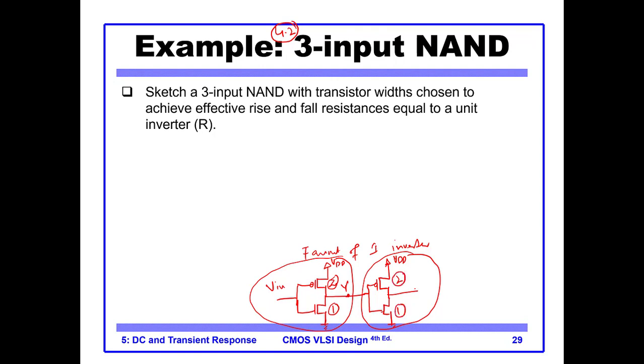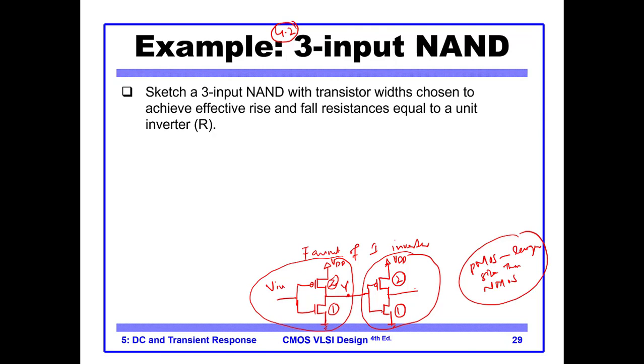Remember that a PMOS has a larger size than an NMOS, because in the PMOS the holes move very slowly, so it has a large resistance.